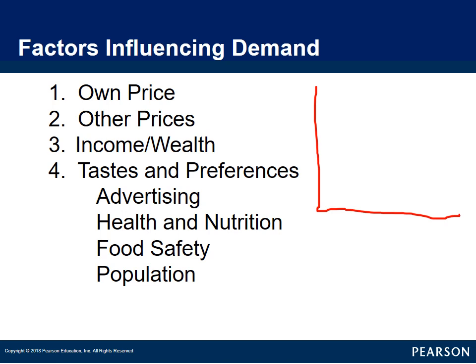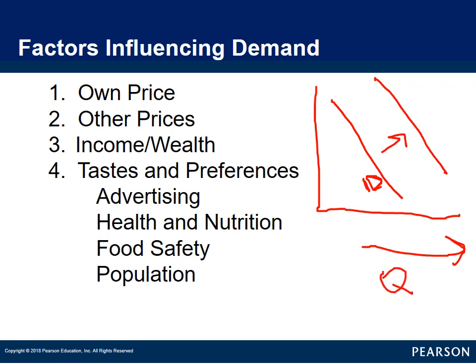When I'm talking about, if I say the market demand curve shifts to the right, I'm going to put a D here for the demand curve. What I'm saying is that there's been a change in demand and a higher quantity, because remember quantity is along here. A higher quantity is desired at a specific price point.